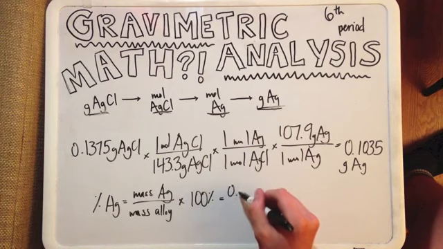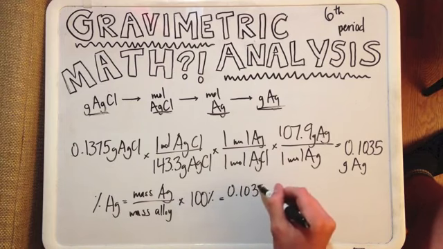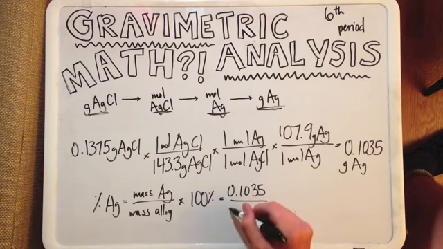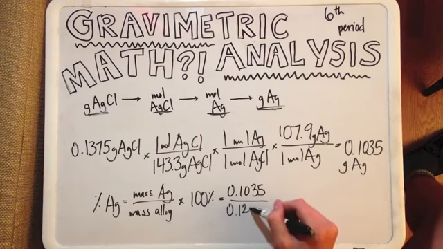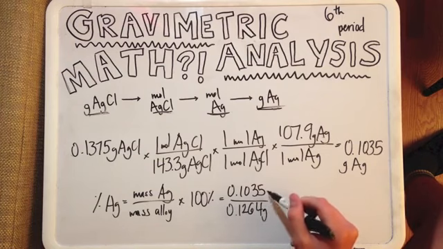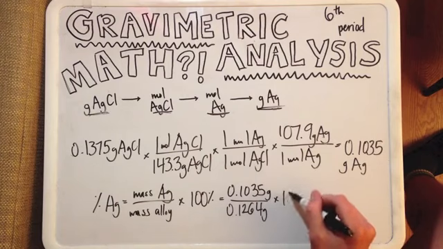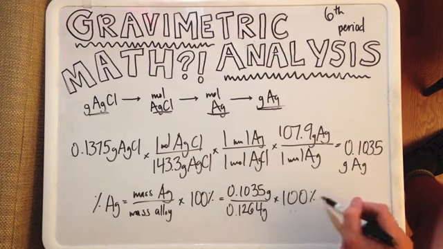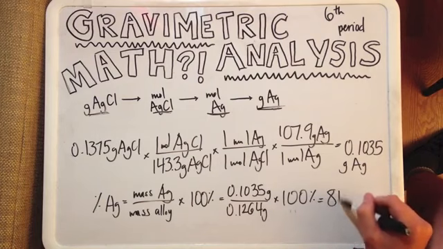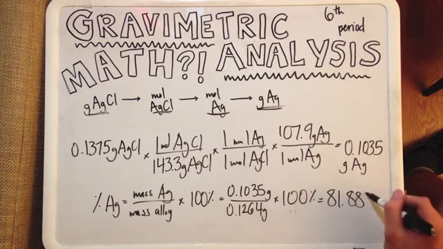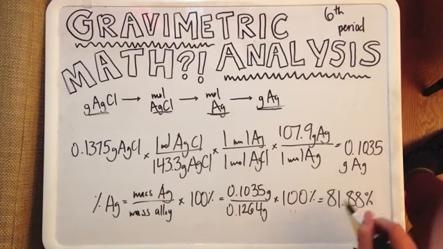And so you set it up: 0.1035 grams of silver over the 0.1264 grams of the alloy. And when you plug and chug the numbers out, you end up with 81.88%, which is the percent of silver in the alloy.